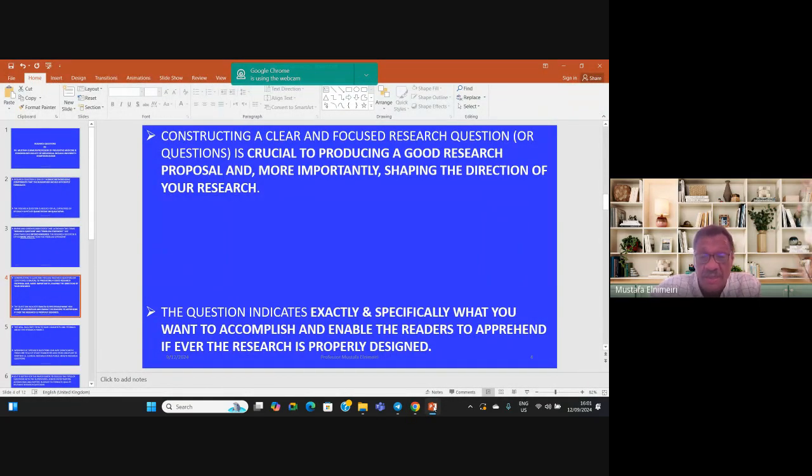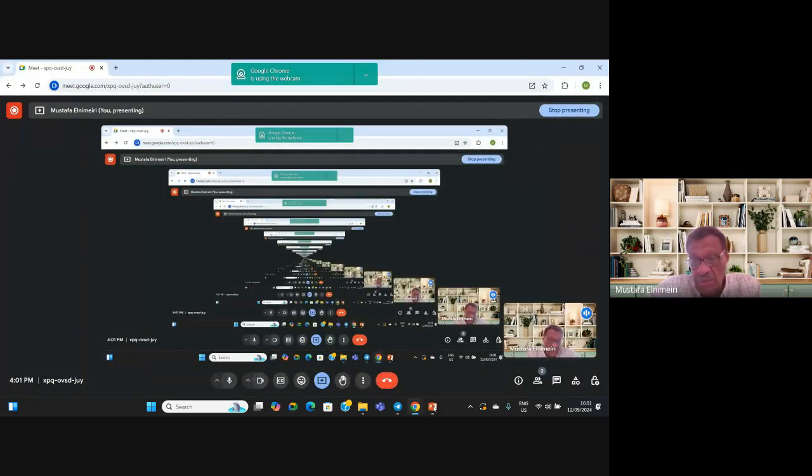The question indicates exactly and specifically what the investigator attempts to accomplish, and this will enable the readers to understand if the research is properly designed, so that you can easily judge that this research project is appropriate through a revision of the stated research questions by the investigator, provided that the research question or questions are clearly stated.